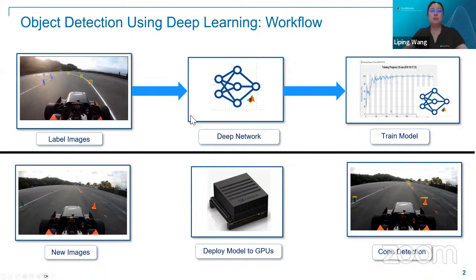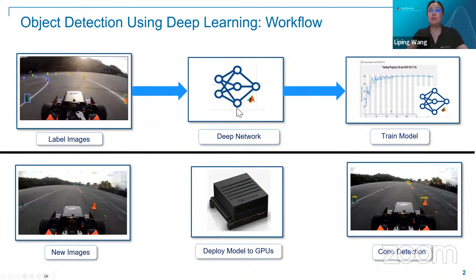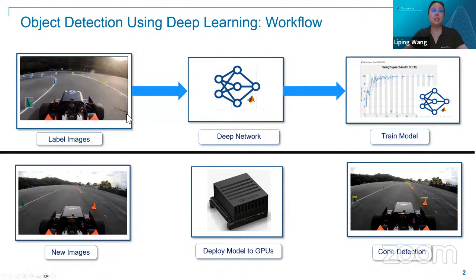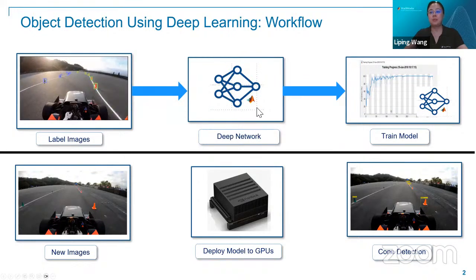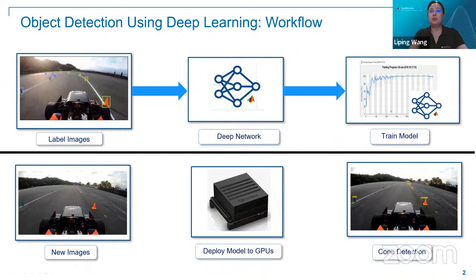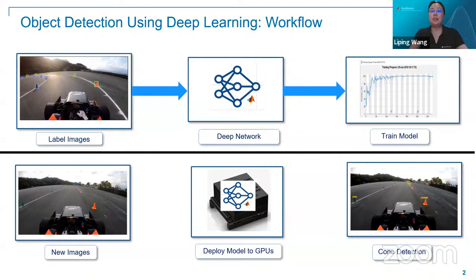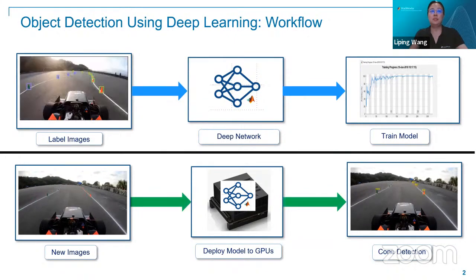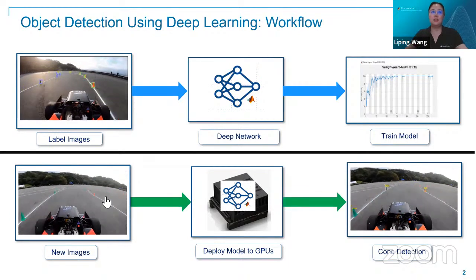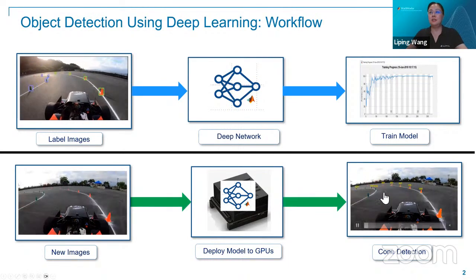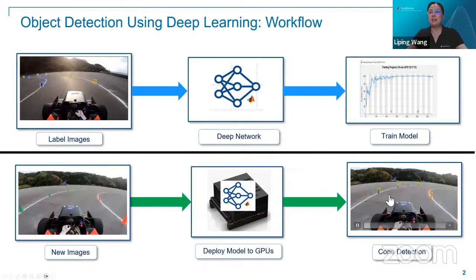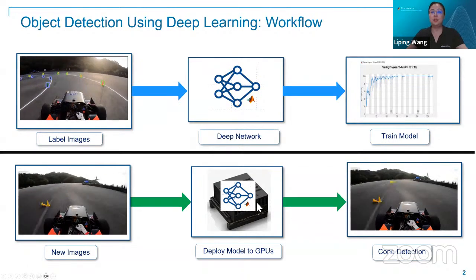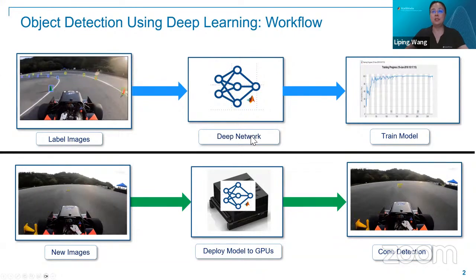And then we design a deep neural network and use the labeled images to train the network. After we get the trained model, we can deploy the model to a GPU. Then we use this GPU, with the model running in the GPU, to detect the cones in new videos. So you can see here, these cones are detected with the trained model that we got in the first step.